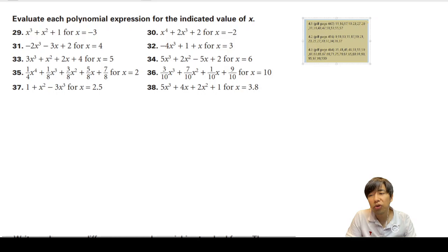Evaluating a polynomial just means that you plug in this number to this x, plug it into these x's, and then calculate the value of the whole expression. That's it, okay? So I'm not going to do it. It's so easy. Do the same thing for 31, and no, 39 is not here. It's next block. So let's move.